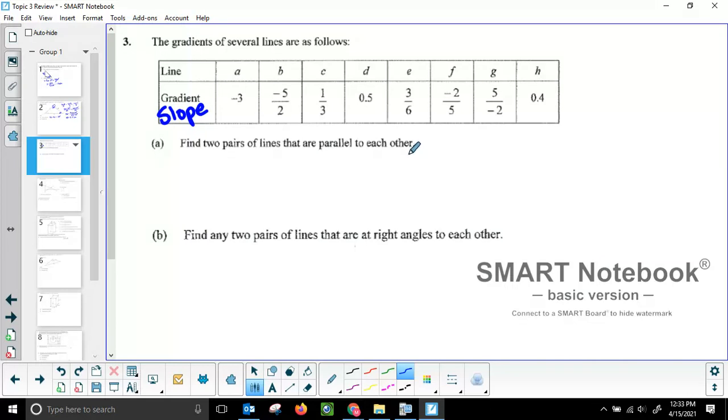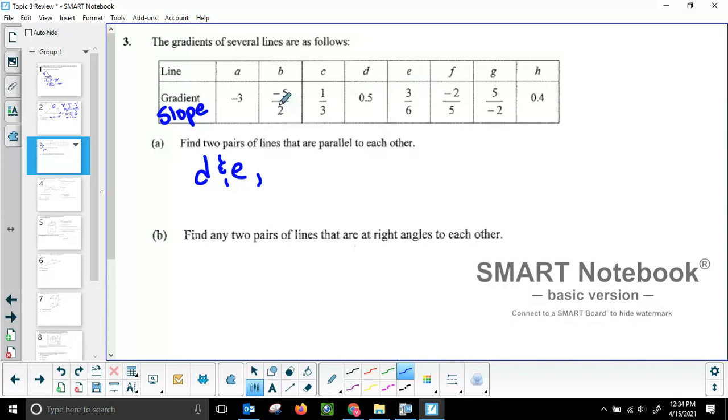It says find two pairs of lines that are parallel to each other. Well, in order for lines to be parallel, they have to have the same slope. So which slopes are exactly the same? The first one that popped out to me here was D and E. So D and E is one pair, because 3 over 6 is the same thing as 0.5.